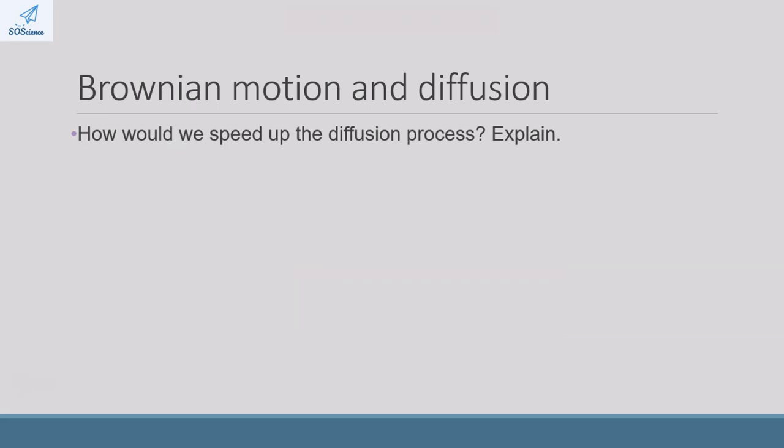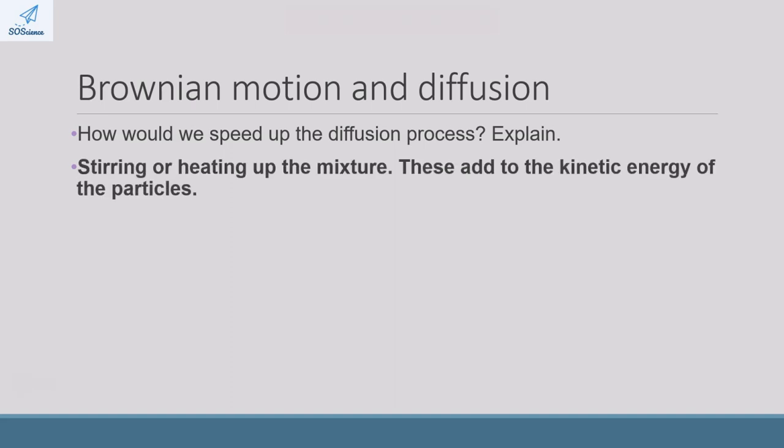How are we able to speed up the diffusion process? Well, anything that adds kinetic energy to the particles will speed up the diffusion process. So if we stir the mixture, we're adding mechanical energy to the particles. If we heat up the mixture, we're adding thermal energy to the particles.